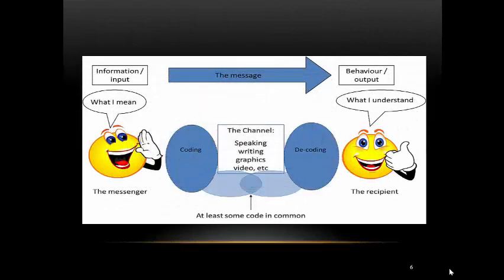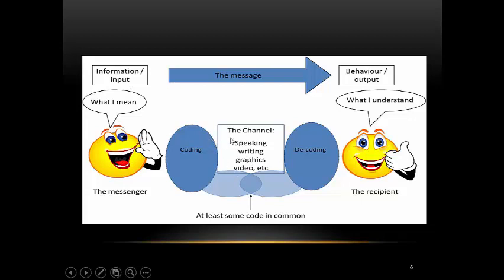This is an example of how communication works. A communication will work if there are two parties that can understand the message by means of a common channel or common medium. An example on the image is that the messenger has the input, or the message or information.